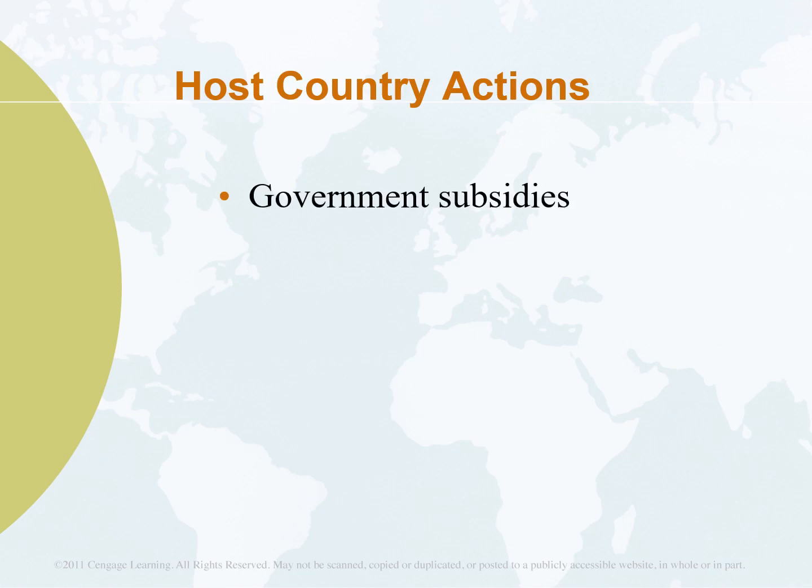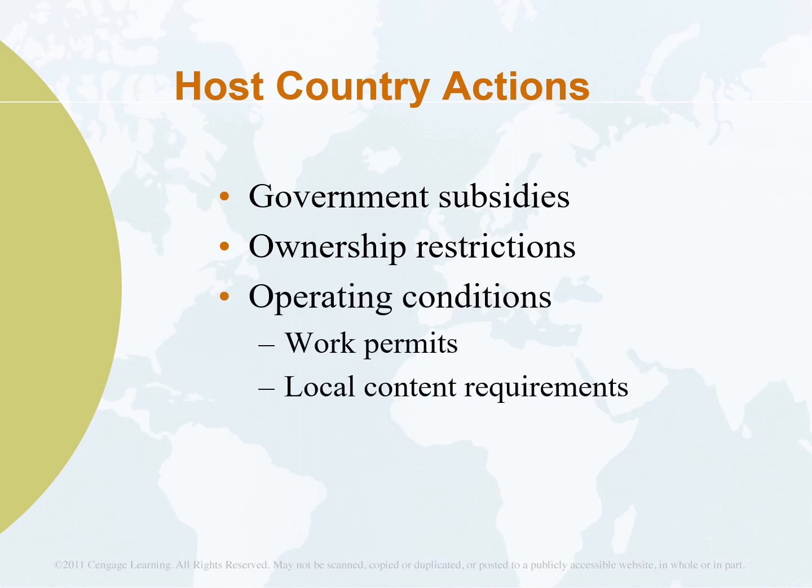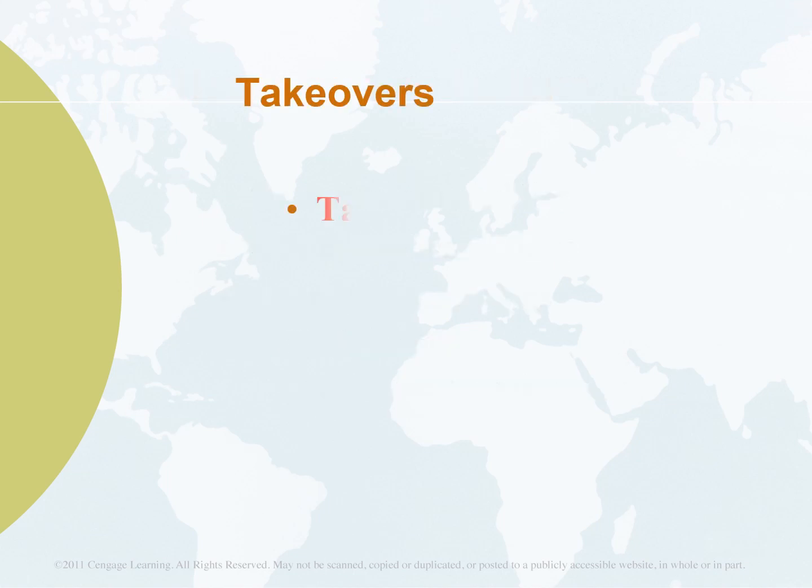Host country actions that may affect the business include government subsidies to their own companies, restrictions on ownership, issuing work permits or not, and local content requirements on operating conditions. What is takeover?